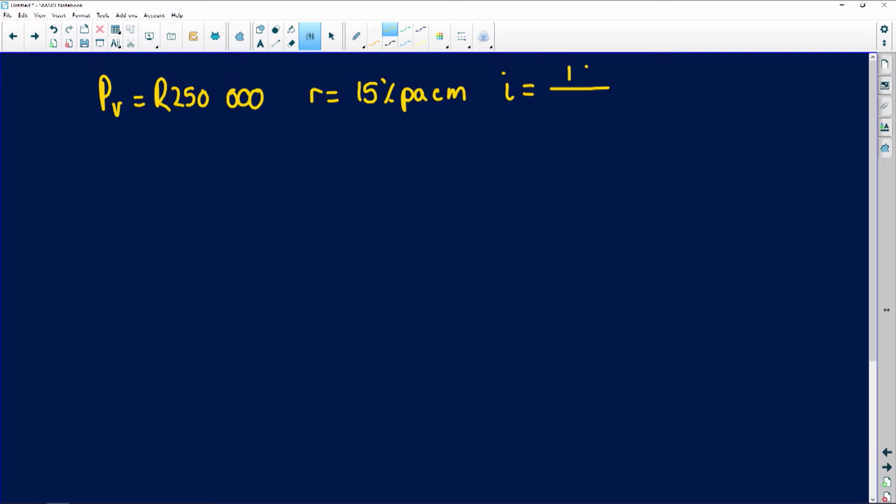Remember, there's 12 months in a year. So you're going to take this 15 and you're going to divide it by 1200. And if you do that, you get 0.0125. Okay, and that's our effective rate that we have to work with. We've got to work with that value of i. Okay, so we've taken care of that.